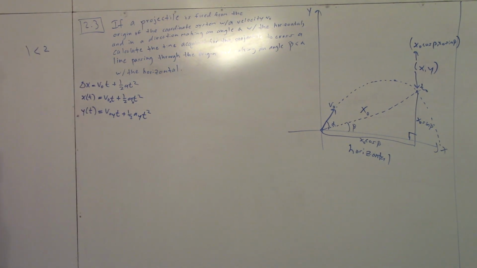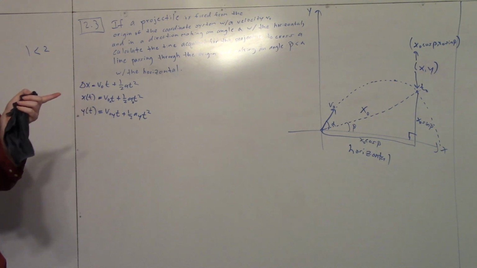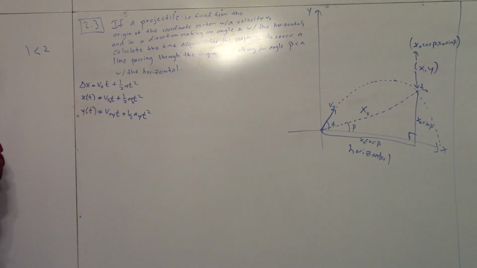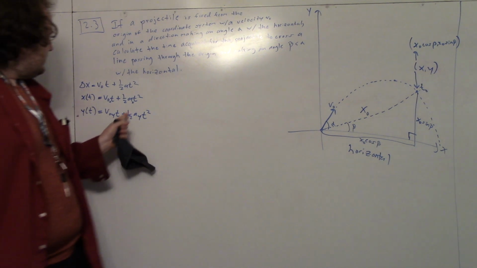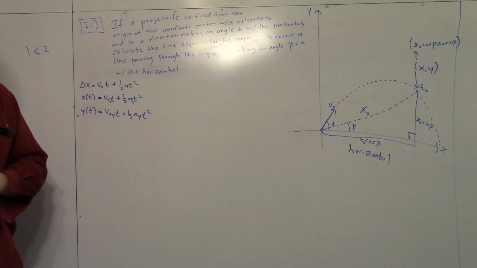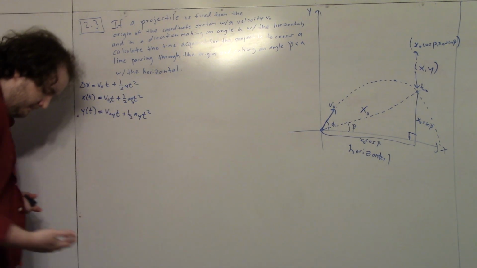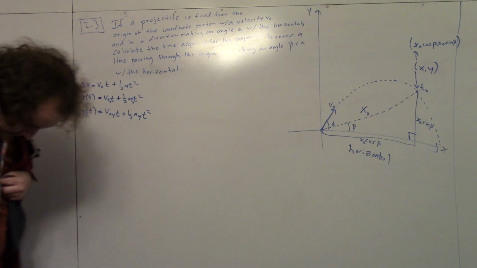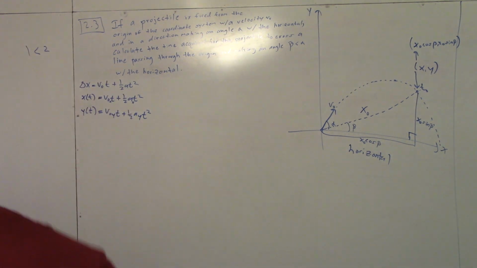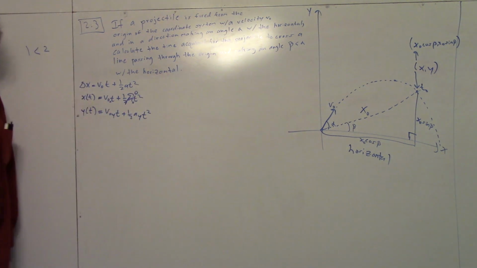For our projectile motion problem, if you're a student of physics, in projectile motion there's no acceleration in the x direction. So if there's none of that, then that term goes away, that's 0.